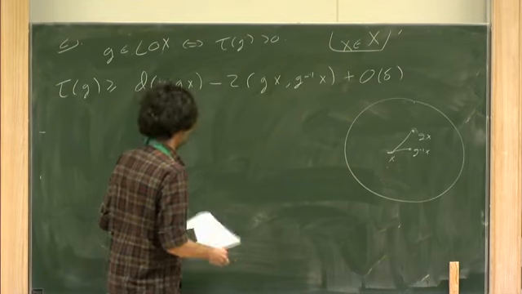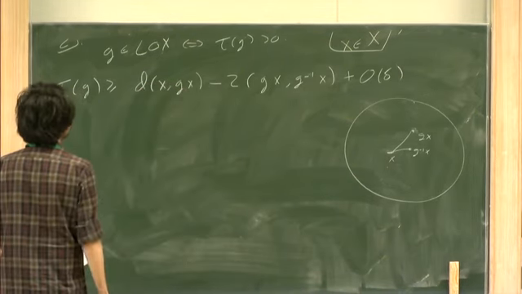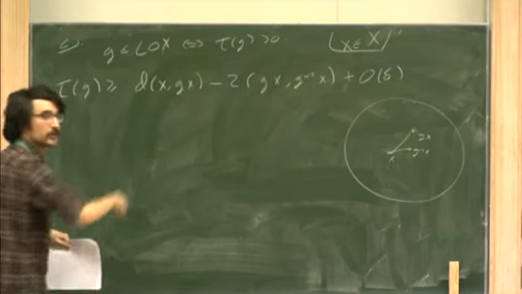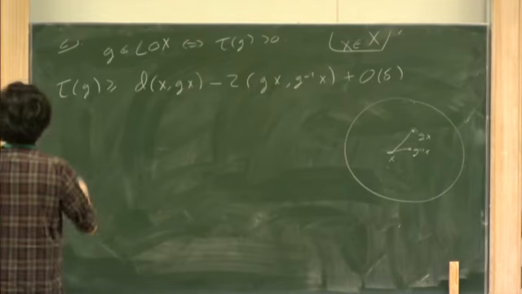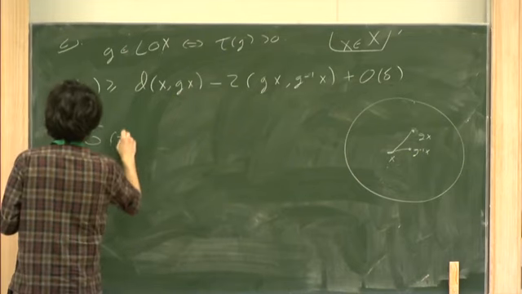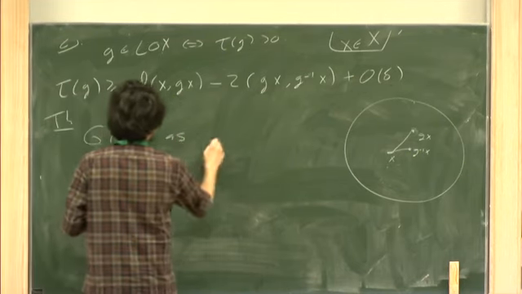Okay, so let me just state the result that tells us that, in fact, this is big and grows at a linear rate. So, theorem. So G acting on X as above.